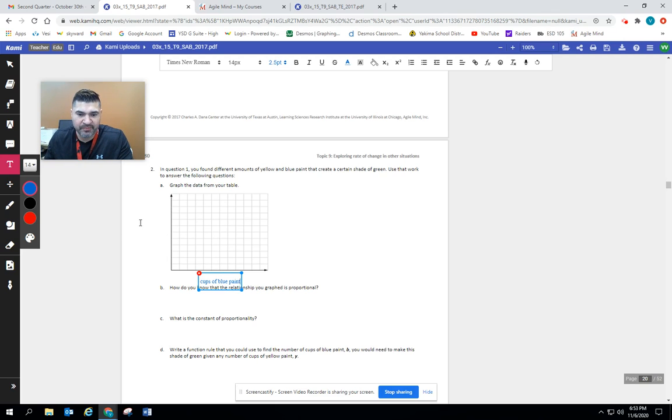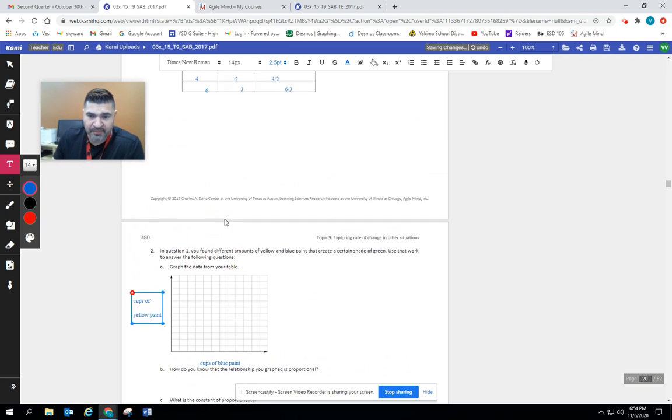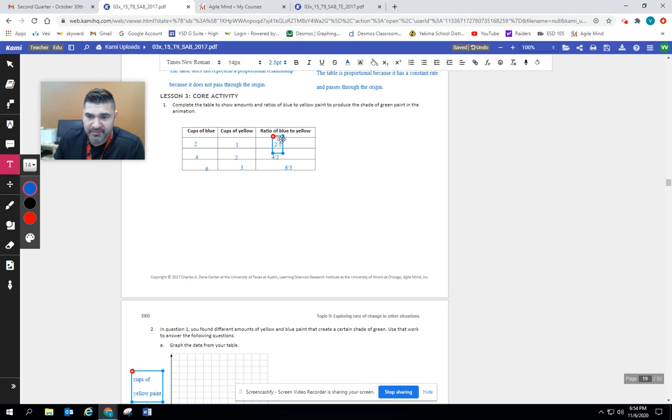And over here, I will put cups of yellow paint. Okay, so our proportion, again, from blue to yellow is 2-to-1.